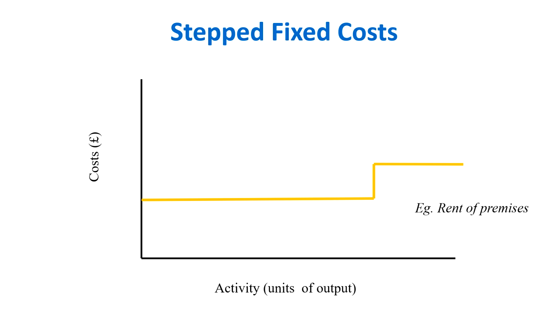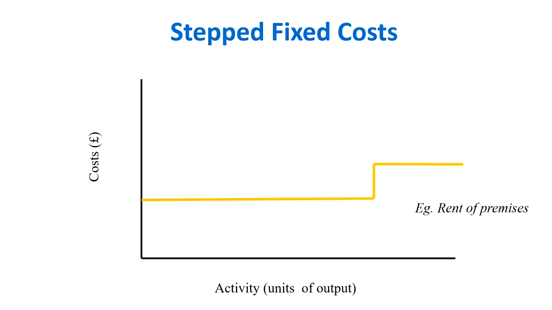initially. However, it's likely to reach a certain point where the activity level has become so high that it needs more space. It needs additional premises and additional manufacturing space, factory space, maybe more office space. And therefore, it reaches a point where it's necessary to rent additional space.